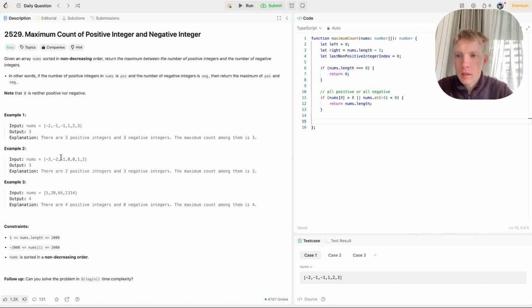We're looking at the index of the last negative number, while left not equal to right minus the first negative or first positive, because we may not have negative numbers.